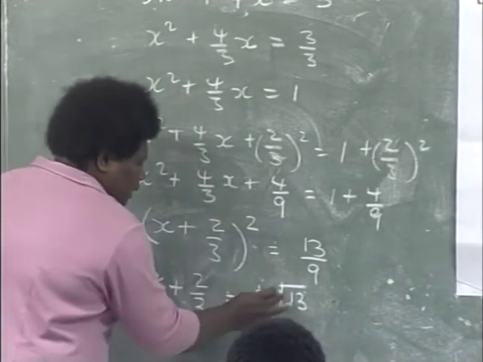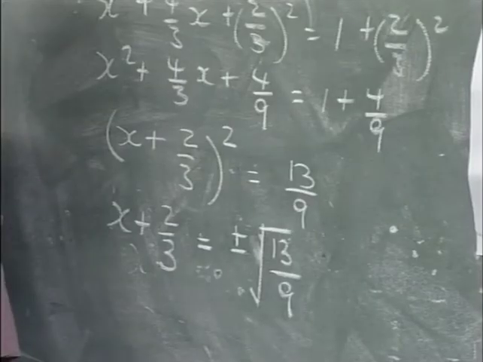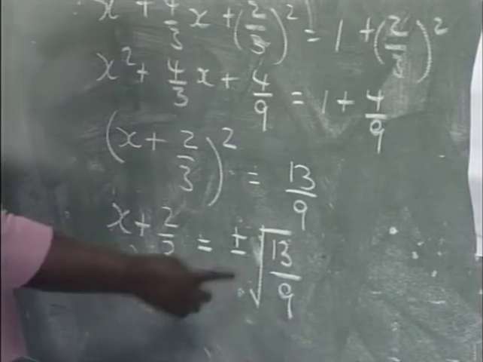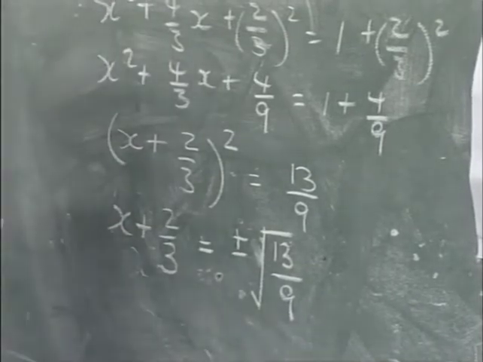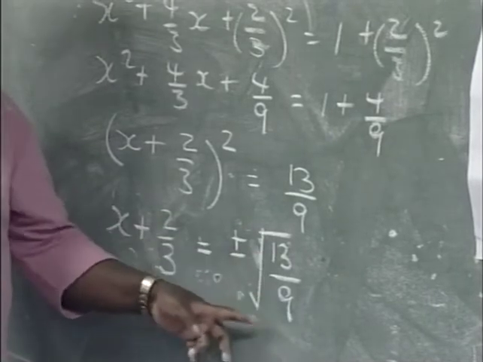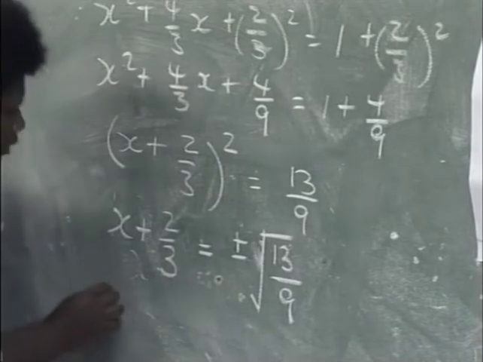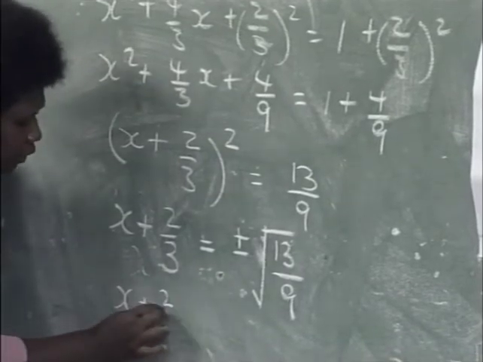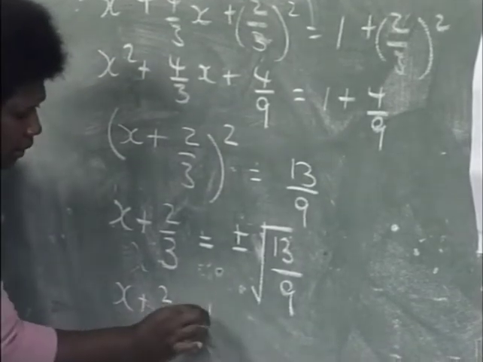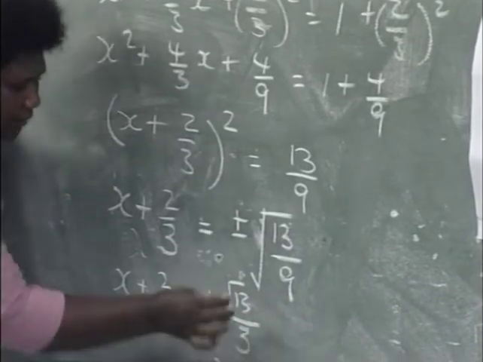Or should I put down the square root of 13 on 9 like that? Okay, remember when we looked at sets, square root of 13 on 9 is the same as root 13 over root 9. Are you with me? Okay, so it's x plus 2 on 3 equals plus or minus, I'll just write this one as root 13 over 3.